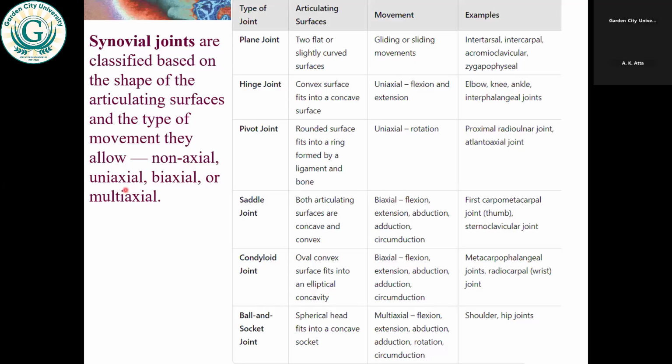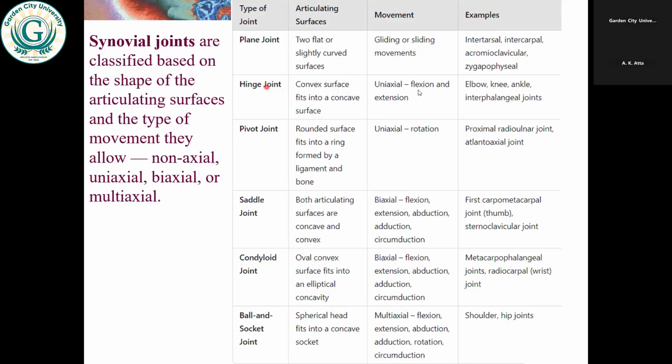So if you look at non-axial, within the intertarsal, intercarpal, then the acromioclavicular joints, the type of movement that occurs there is what? Sliding or gliding types of movements. So that one, you can say is non-axial. But if you look at a hinge joint, movement occurs in only one plane.